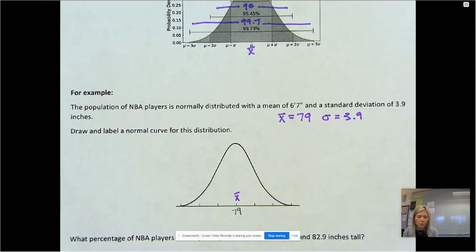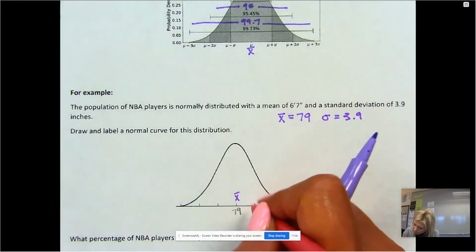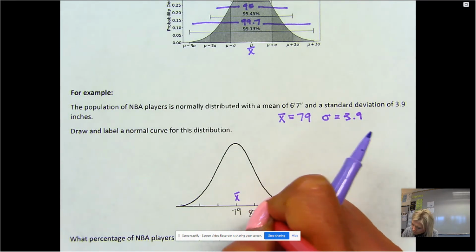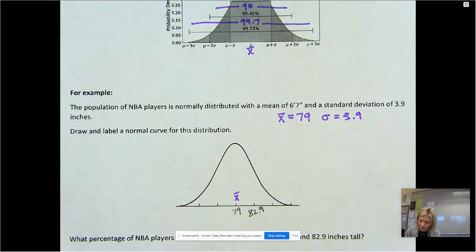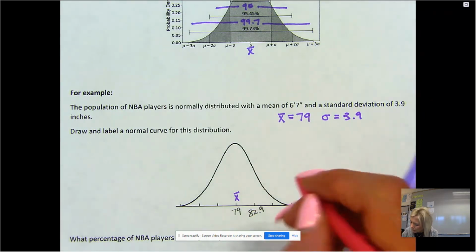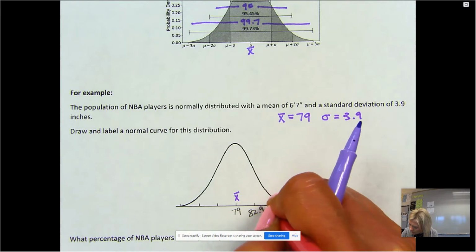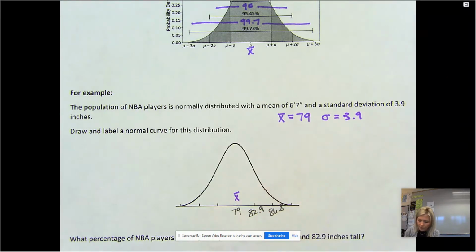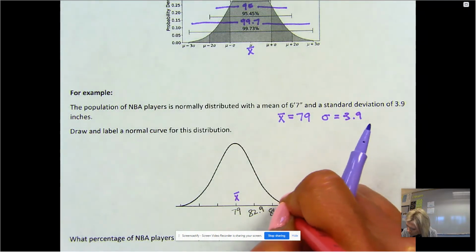And then we add 3.9 to get these three. So 79 plus 3.9 is 82.9. Add 3.9 again, 86.8. And then add 3.9 one more time, 90.7.